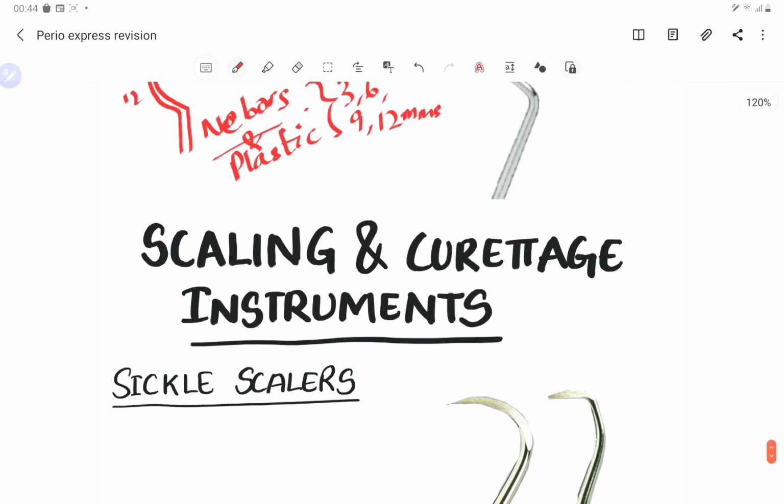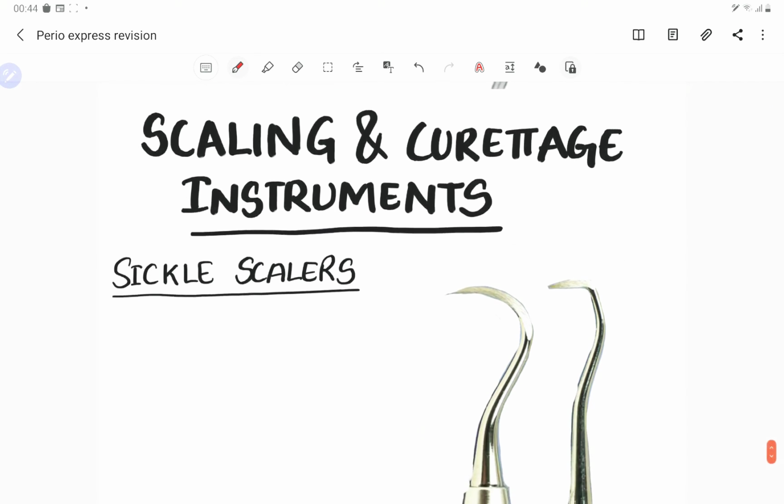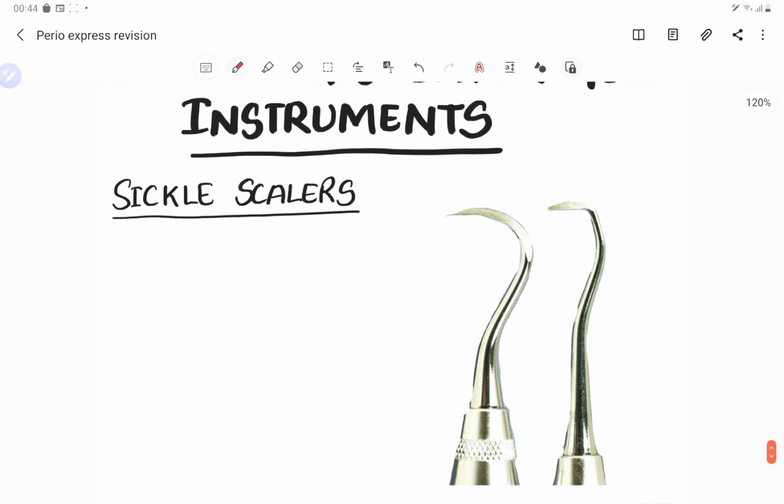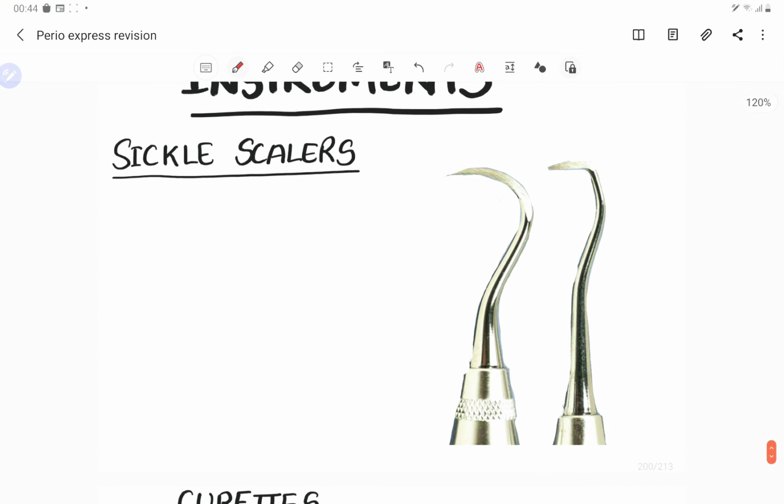Now talking about the scaling and curettage instruments. So scaler, if we talk about, guys, this is a typical sickle scaler in the diagram over here. It has got a flat surface and it has got 2 cutting lateral surfaces, which are the cutting surfaces for a sickle scaler.